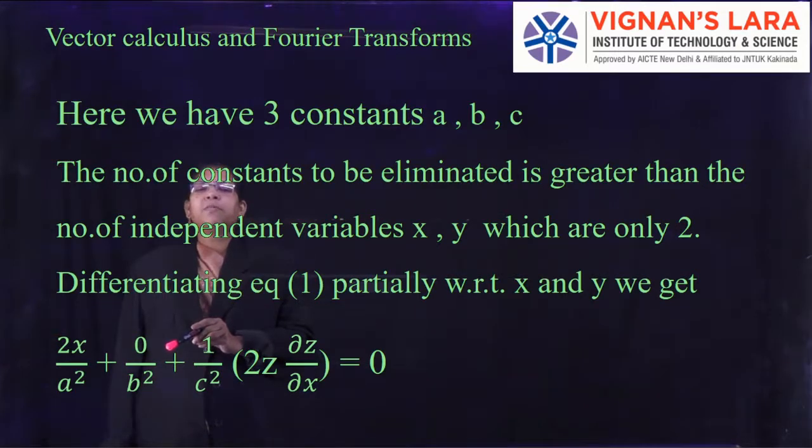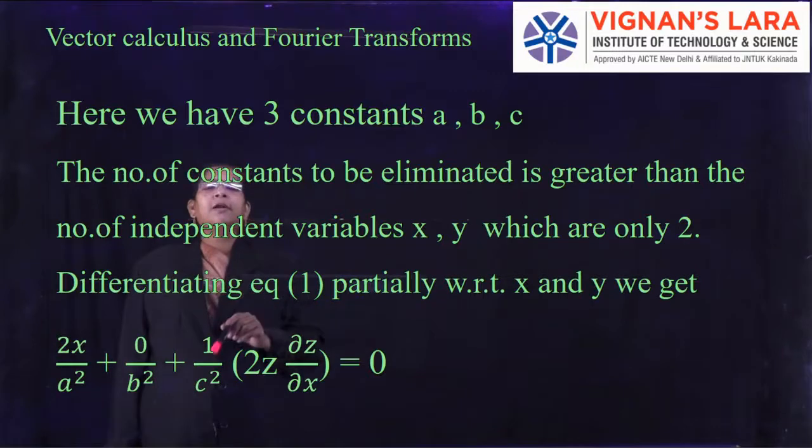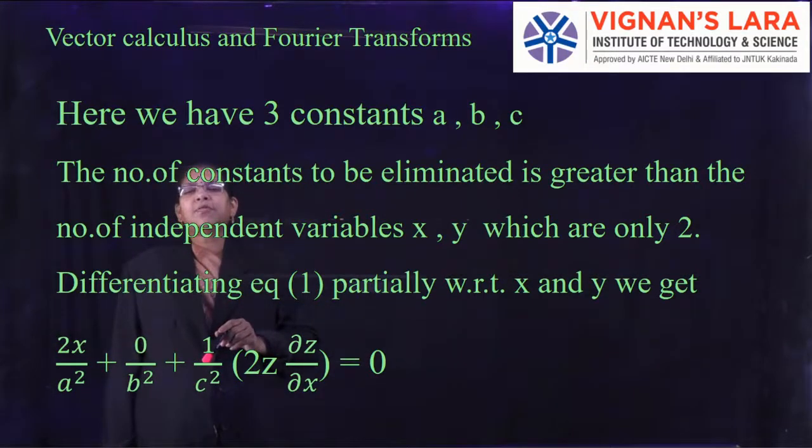So 0 by b square plus 1 by c square into, what is the derivative for z square? 2z into dou z by dou x, which is equal to 0. How will you denote dou z by dou x? Dou z by dou x is denoted by p. In both first term and the last term you have 2. Middle term will become 0, because 0 by b square is 0.